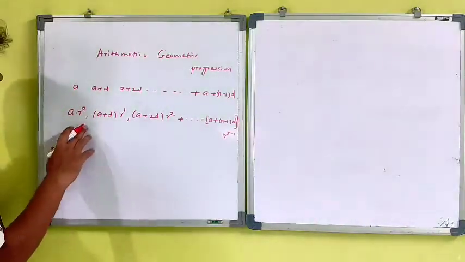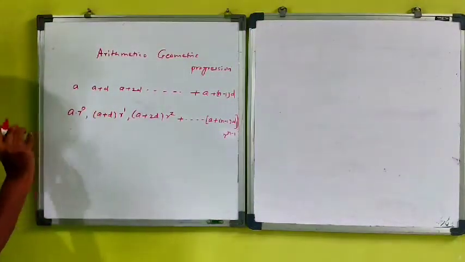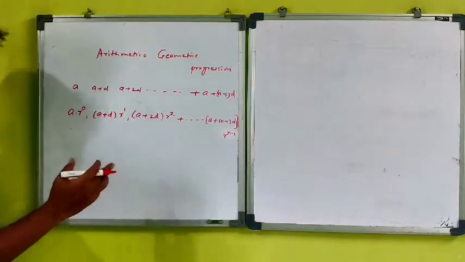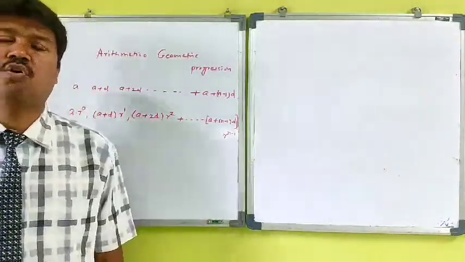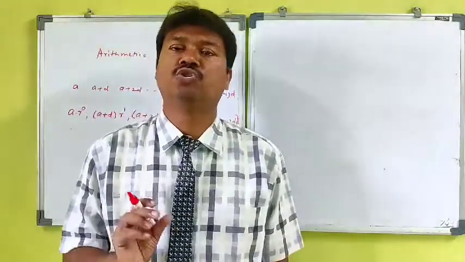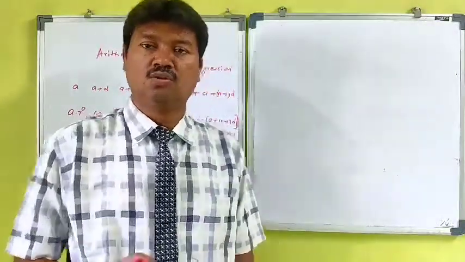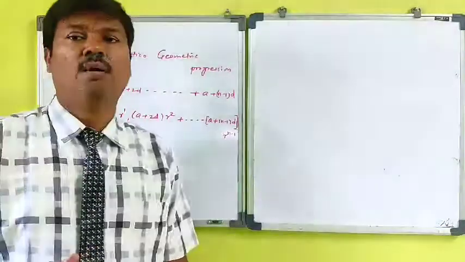So this type of sequence is a mixture of arithmetic progression as well as a common ratio that also exists. So this type of sequence is called AP-GP, or the arithmetico geometric progression.